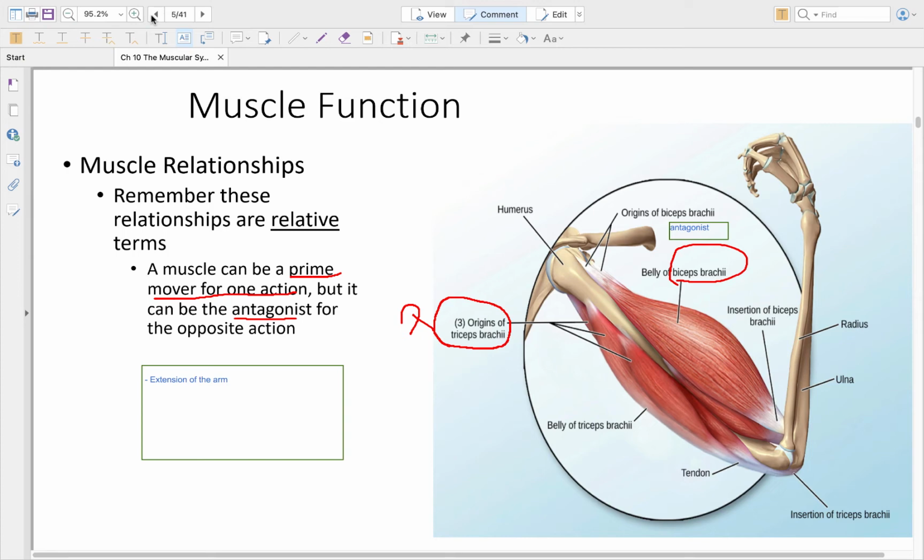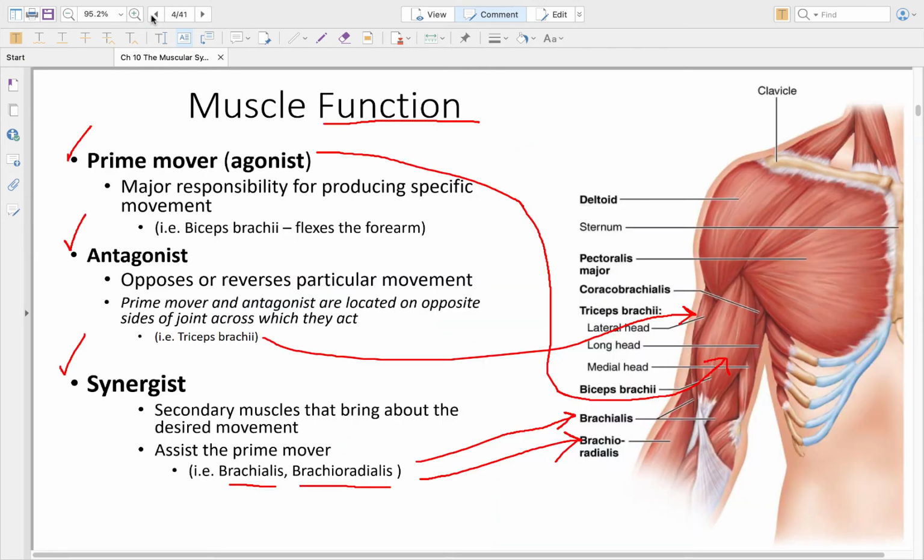Okay, so let's recap what we just discussed. Muscles typically, to execute a function, require a prime mover, the agonist muscle, an antagonist, and sometimes a synergist.